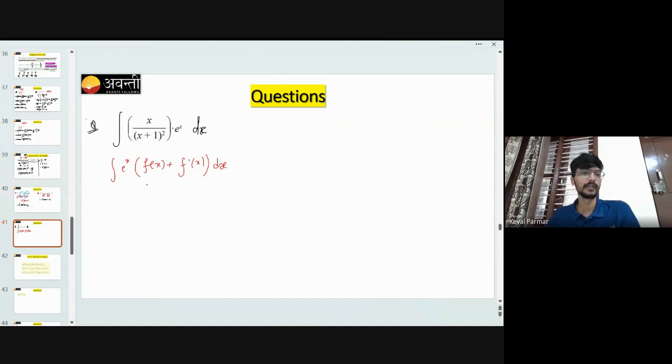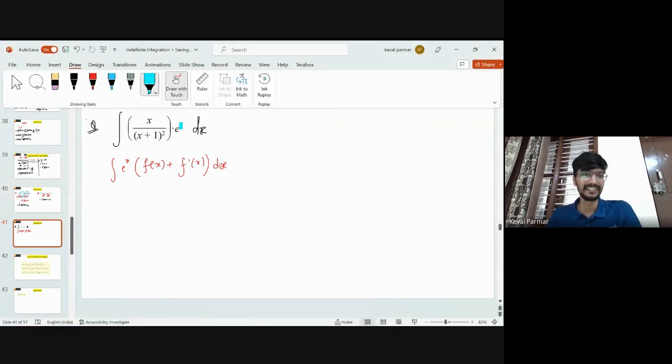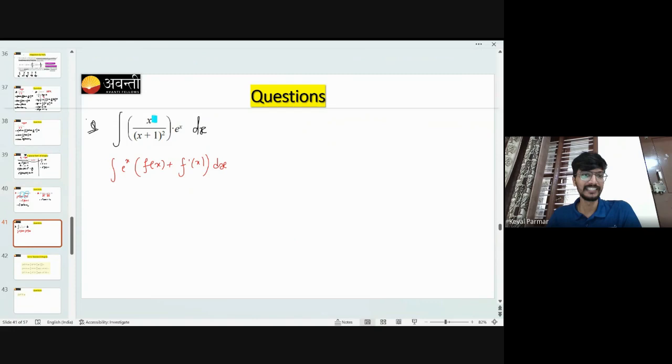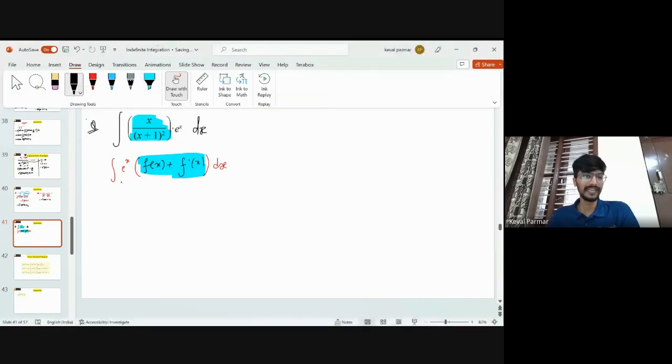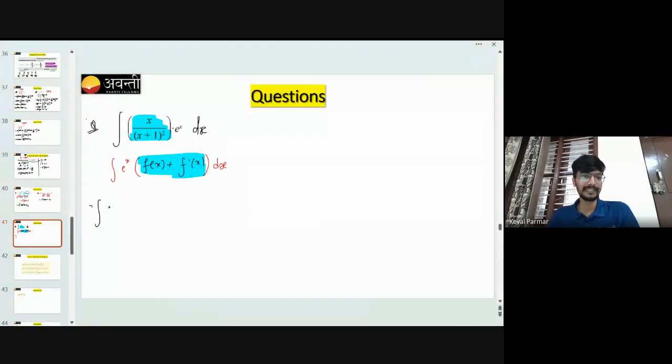So let's see how I can do it. Basically, I need to convert x upon x plus 1 the whole square into this form. So for that, I'll write e raised to x into, I'll add 1 and subtract 1, so x plus 1 minus 1 upon x plus 1 the whole square. After this, I will split the numerator.